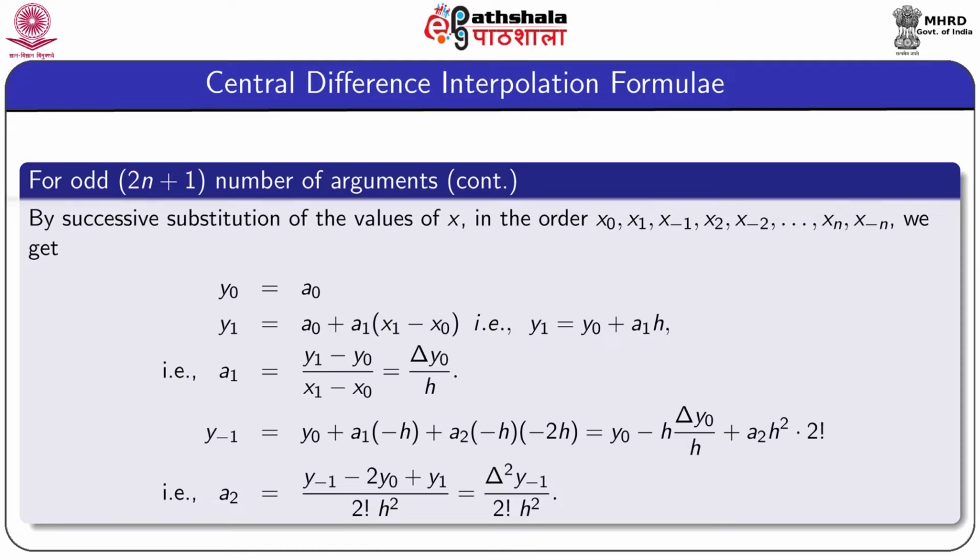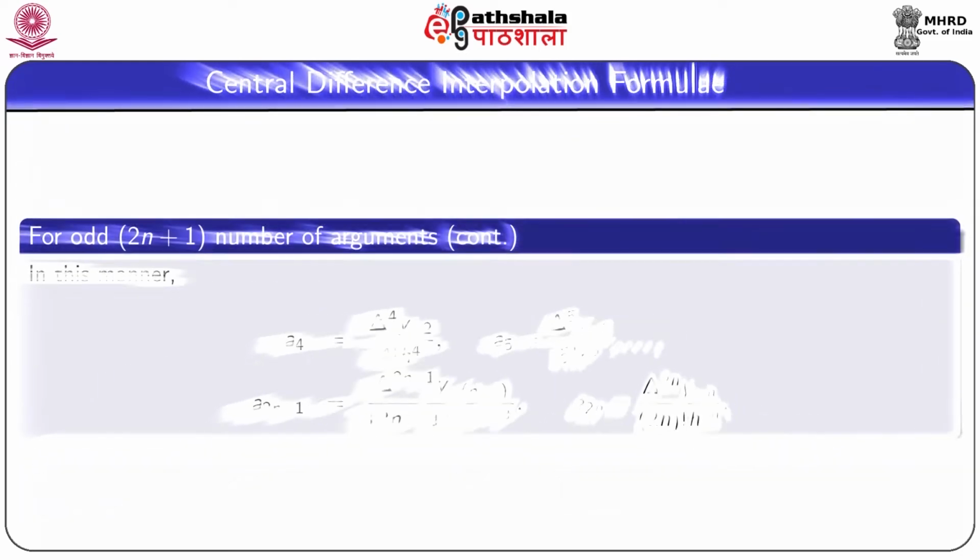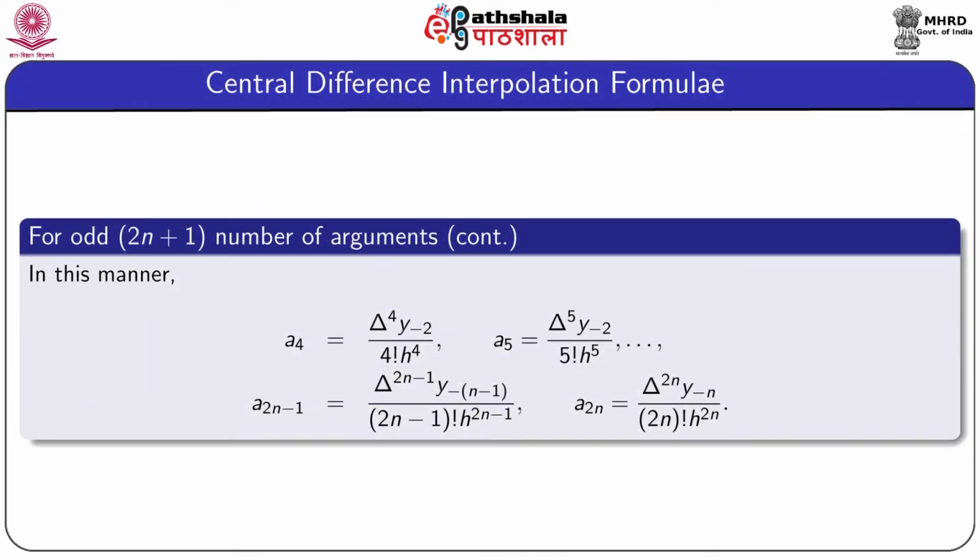Similarly, when x equal to x minus 1, then we get y minus 1 equal to y 0 plus a 1 into minus h plus a 2 into minus h into minus twice h, and after simplification we get the value of a 2 as delta 2 y minus 1 by factorial 2 h square. So, in this manner we can determine the values of a 4, which is equal to delta 4 y minus 2 by factorial 4 h to the power 4, and a 5 equal to delta to the power 5 y minus 2 by factorial 5 h to the power 5, and so on.